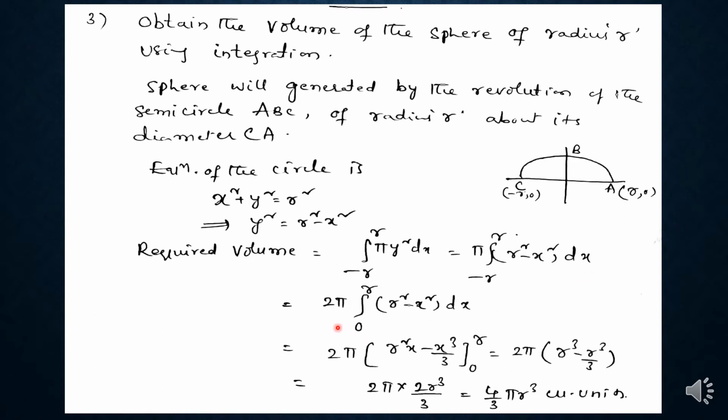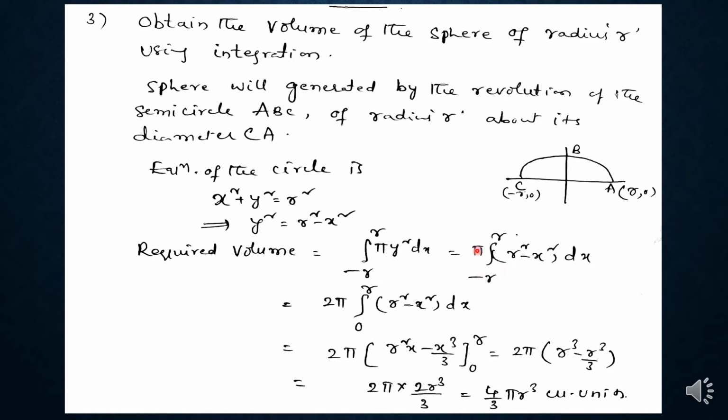Here the integral is in the form of the integral from -a to a of f(x) dx. If we put x equal to -x, we get the same function. So here also f(-x) equals f(x). The integrand is an even function.